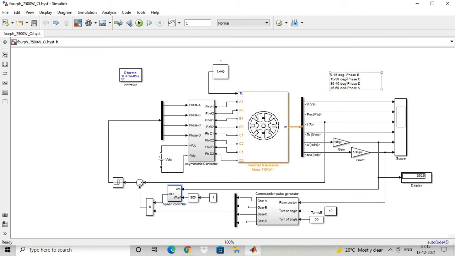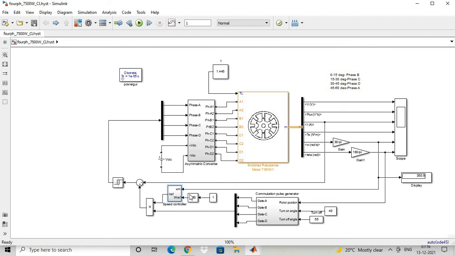We are exciting the phase B 0 to 15 degree, phase C 15 to 30 degree, 30 to 45 degree phase D, and 45 to 60 degree phase A. Now we are providing the supply.